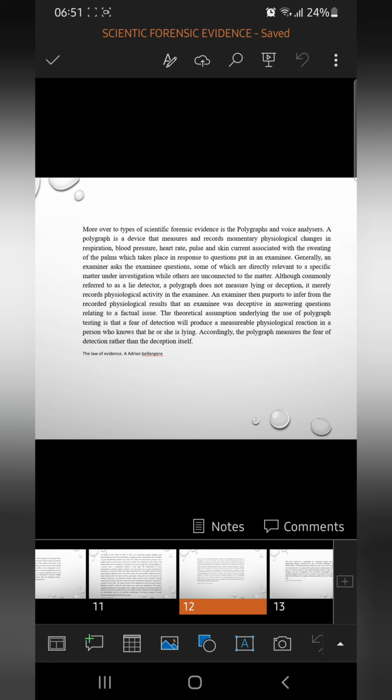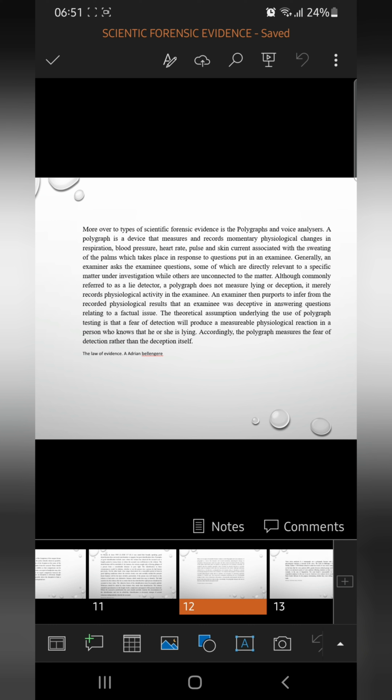An examiner then purports to infer from the recorded physiological results that an examinee was deceptive in answering questions relating to a factual issue.